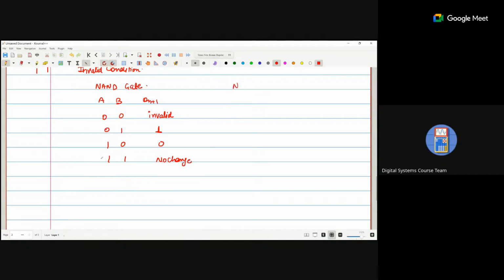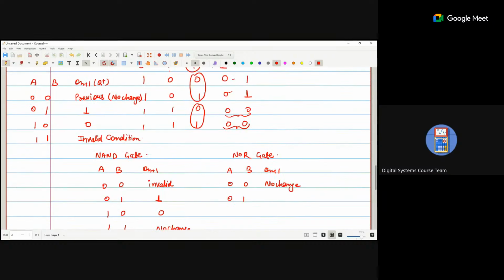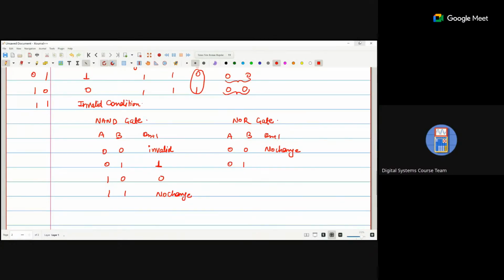With the help of NOR gate, A, B, Qn plus 1: 0, 0 is no change. 0, 1 is 1. 1, 0 is 0, and 1, 1 is invalid.